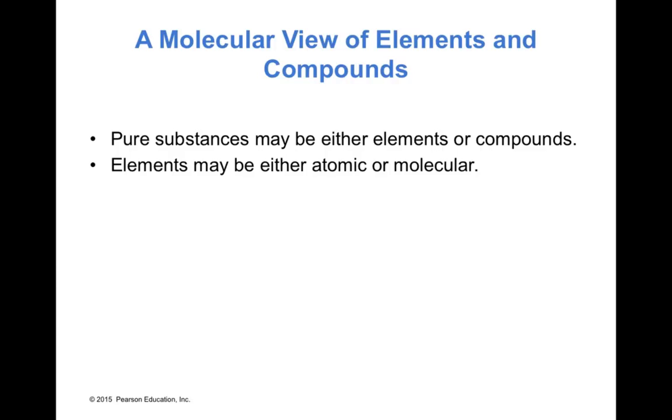When we have just one atom, we have an element that is atomic, and when we have two atoms of the same element, we have an element that is molecular. Now, compounds may be either molecular or ionic. When all the atoms or elements of a compound are non-metals, it is known as a molecular compound. When we have a metal as part of the chemical formula, that compound is an ionic compound.